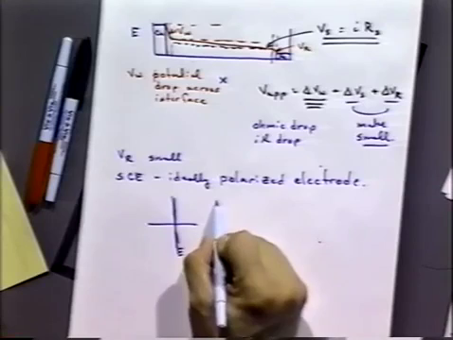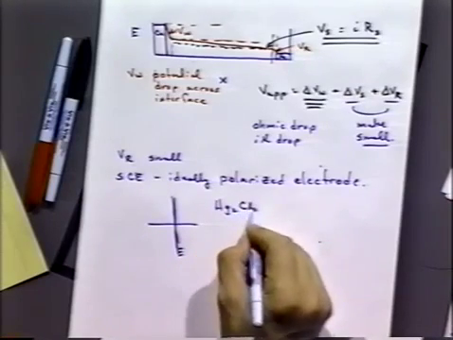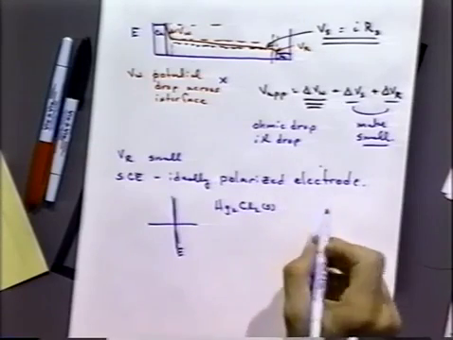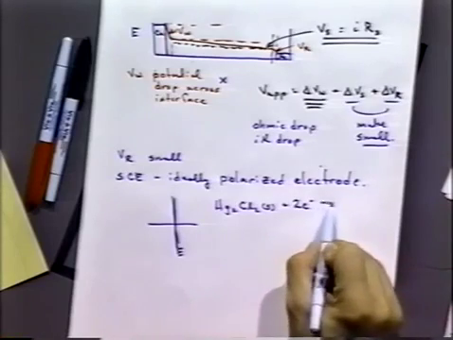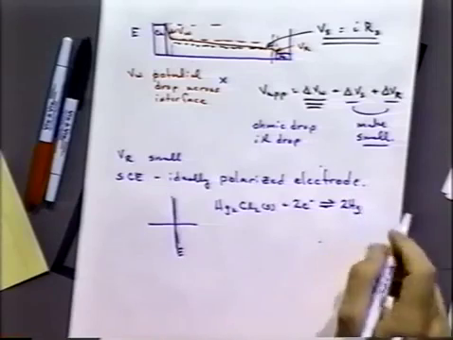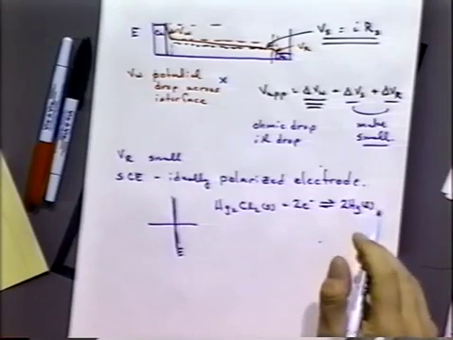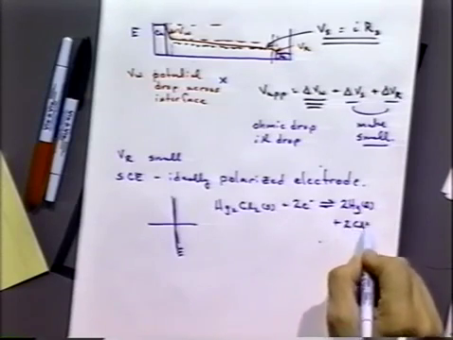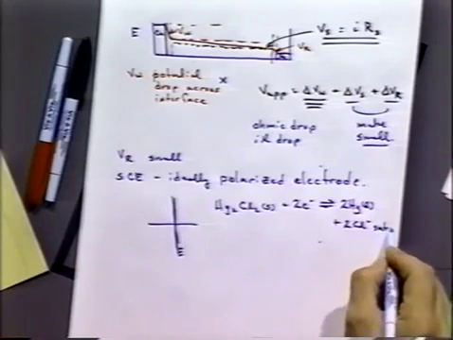Again, let's reiterate what an SCE is. We have this mercury chloride solution, which is saturated in aqueous phase because it's not very soluble, so it's easily saturated. And that is reduced to 2 mercury atoms as liquid and 2 chloride ions also saturated in solution.